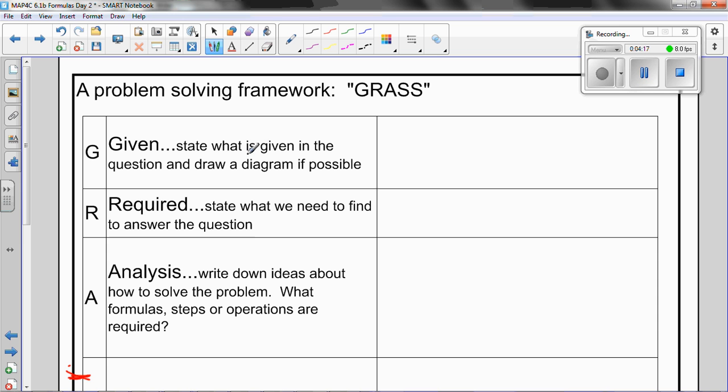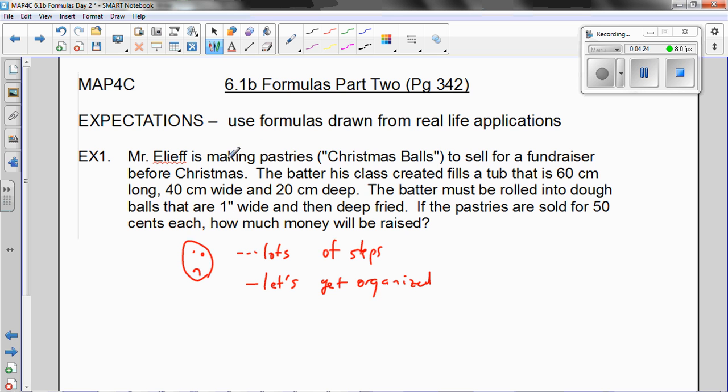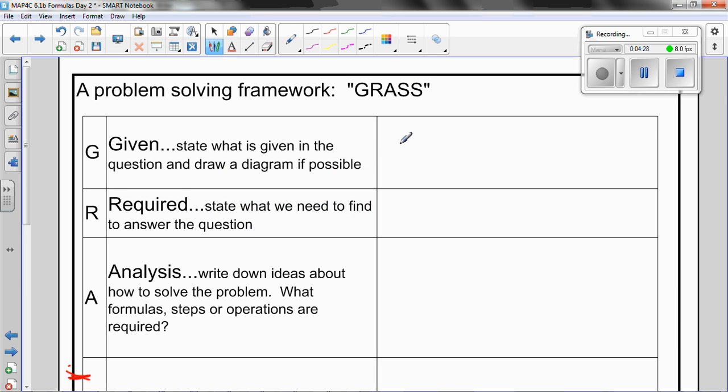State what's given in the question and draw a diagram if possible. So what's given in the question? Well, we've got a tub of batter. The tub of batter looks like a box, I guess, or a tub.